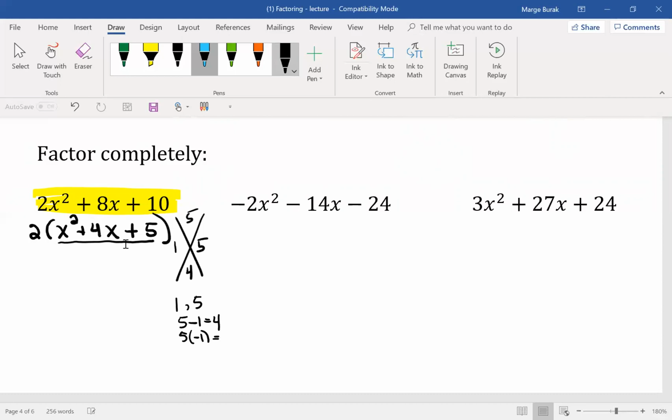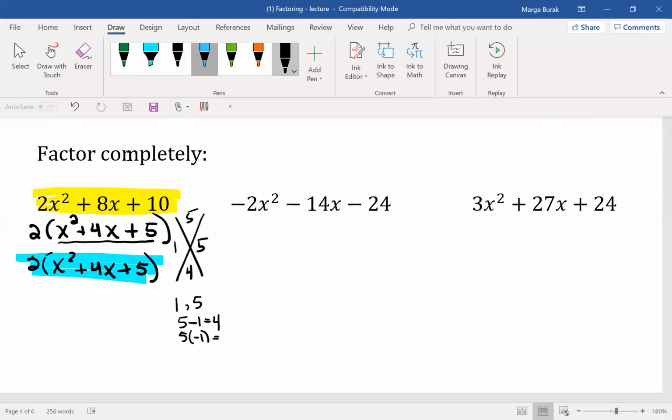I need a +5 and a +4, and if they're both positive, both of my factors are positive, and that is not going to work. So this is as far as I can take my answer. This is factored completely right here. The inside trinomial would be considered prime, but I did get a factor of 2 out. All right, let's try another one.